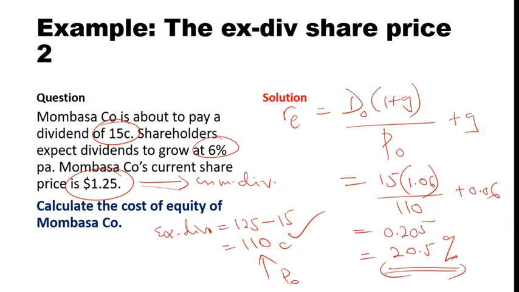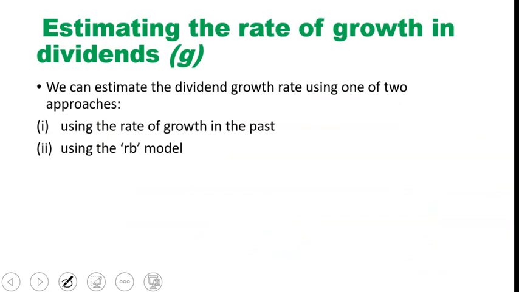Now without wasting much of our time, let us look at the estimation of the growth rate. We have got two approaches which can be used to determine the growth rate of the dividend.